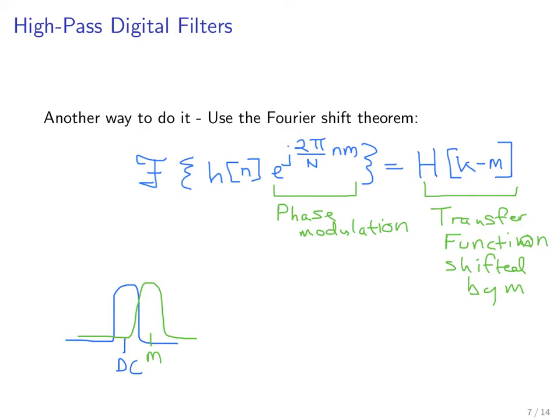So this second signal here is the high-pass filter that we obtained by this phase modulation, and the first signal is the original low-pass filter that we had before phase modulation. And again, little n here is the index in time, and capital N is the total number of samples in our signal.